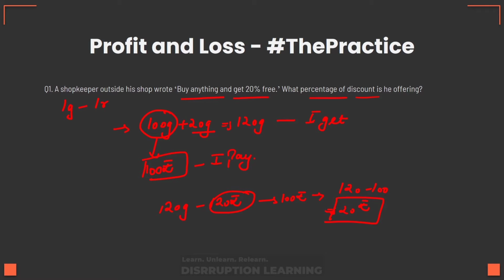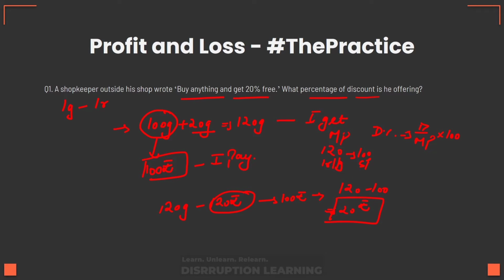Now, the formula for discount percentage is D by MP into 100. The marked price for these 120 grams should have been 120, because 1 rupee is for 1 gram, but instead it is being given for 100. So this is the SP and this is the MP.